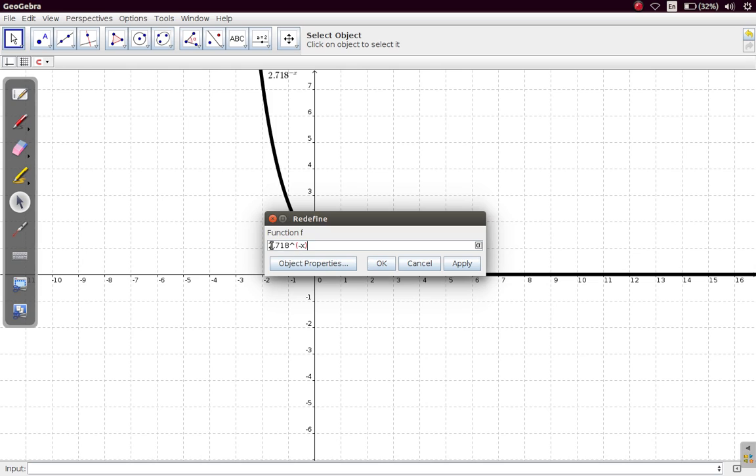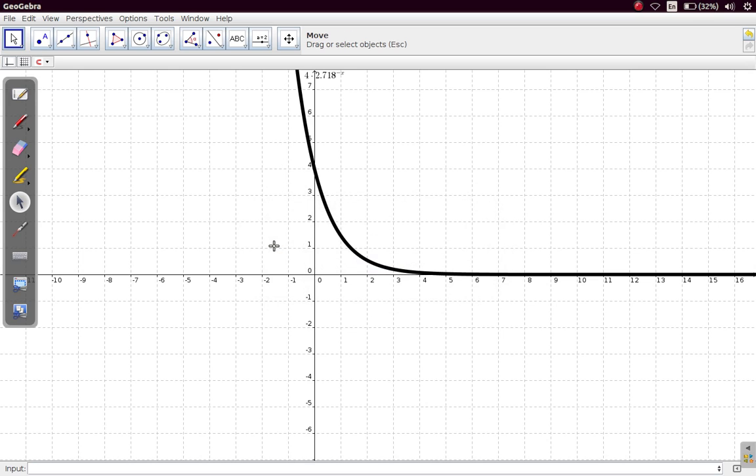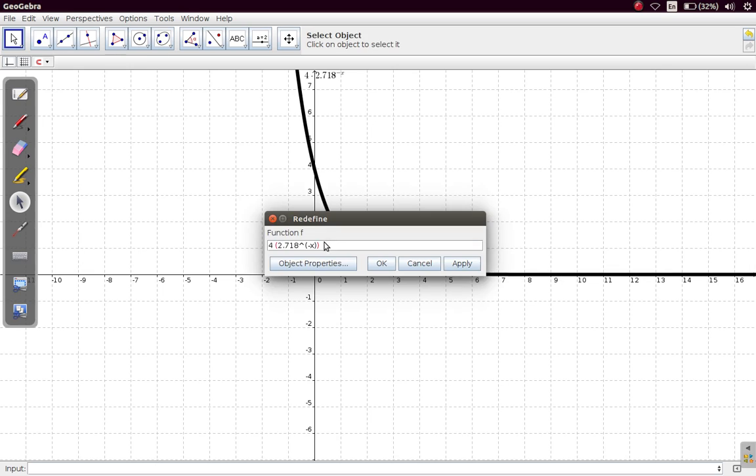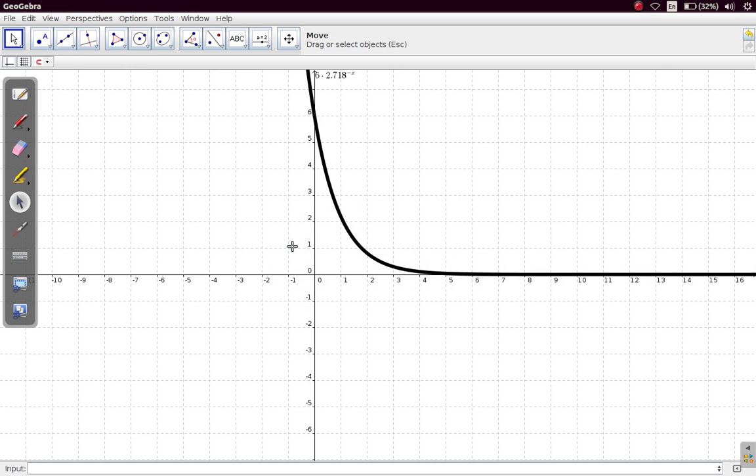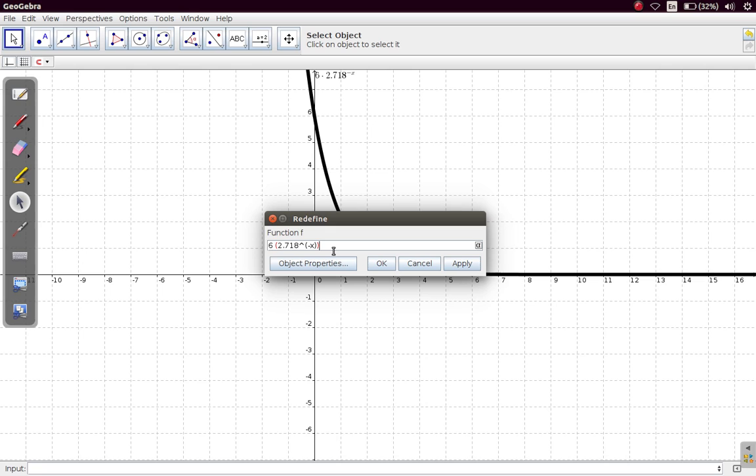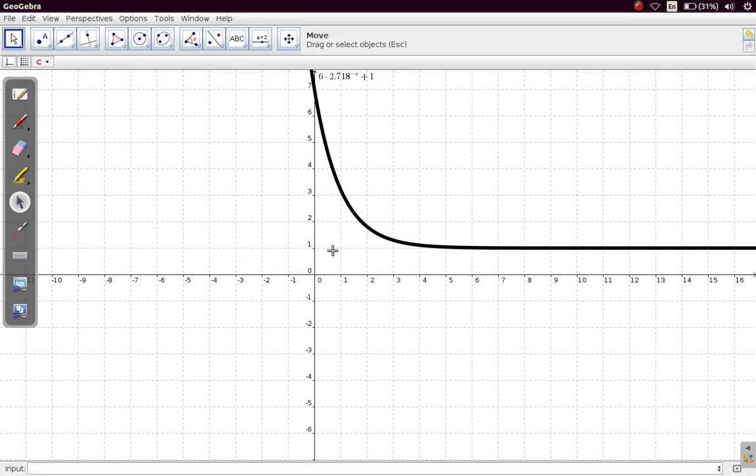Like cooling. It could be y equal 4 times e to the negative x, or 6 times e to the negative x, whatever number, times e to the negative x. The pot will be cooling at this point. Let me add 1 to it to raise the graph a bit.